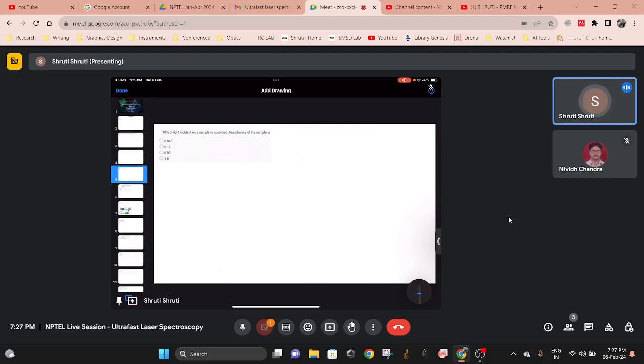Okay, so the next question is: 10% of light incident on a sample is absorbed. The absorbance of the sample is? Now this is related to absorption. Suppose this is a cuvette with a sample inside, and I have shined I0 light upon it, and it absorbs 10% of I0.